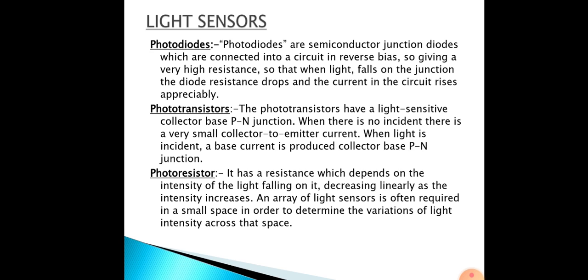Means when the light increases, the resistance will decrease. Okay, so here the cadmium sulfide photoresistor is most responsive. An array of light sensors is often required in a small space in order to determine variations of light intensity across the space.